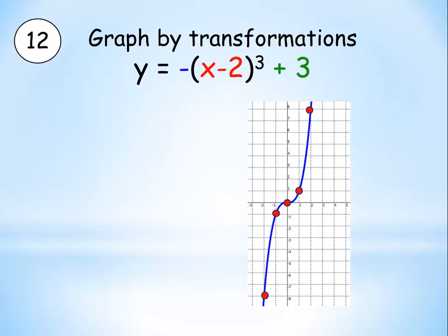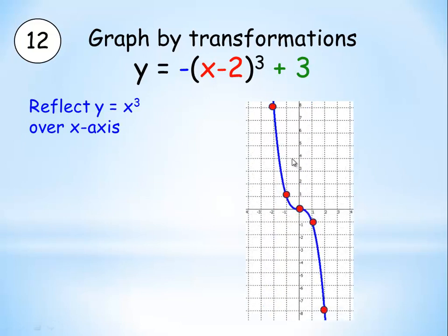Now lastly, let's show one that has a negative leading coefficient. I show the points this time because turning this upside down is just a little bit harder to visualize. But here we have negative the parent graph. We reflect it over the x-axis.